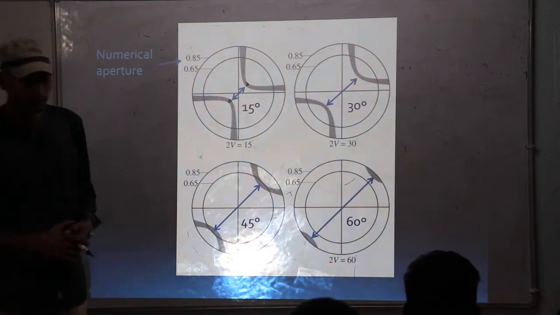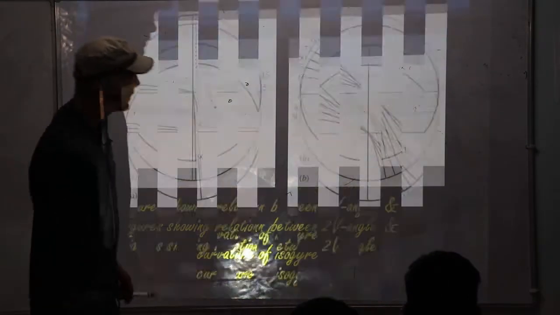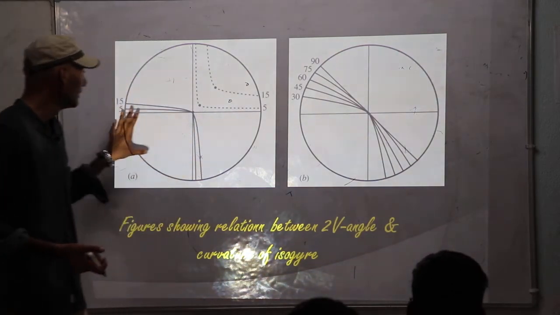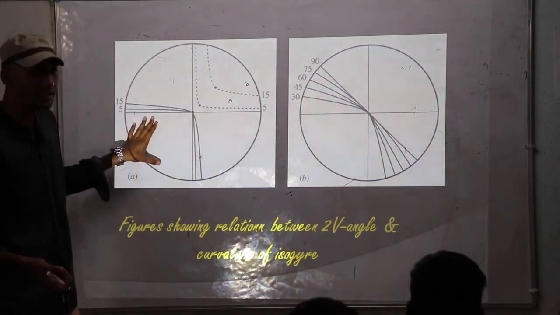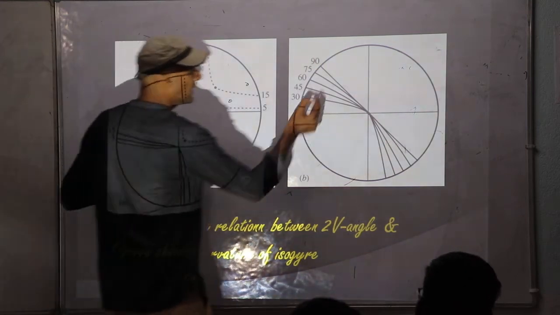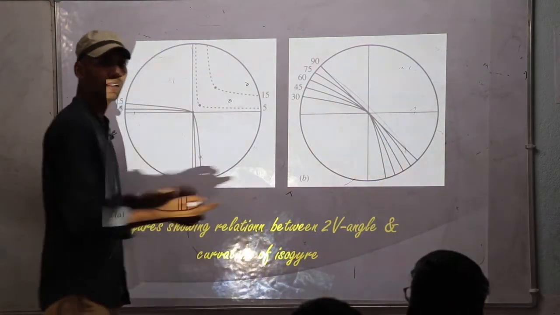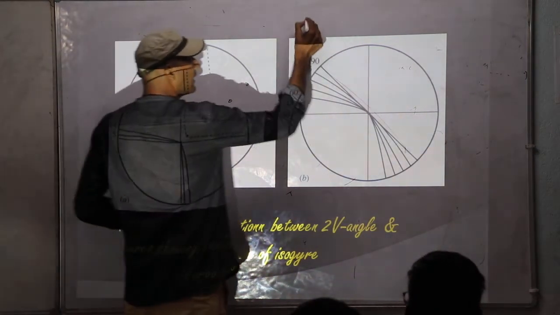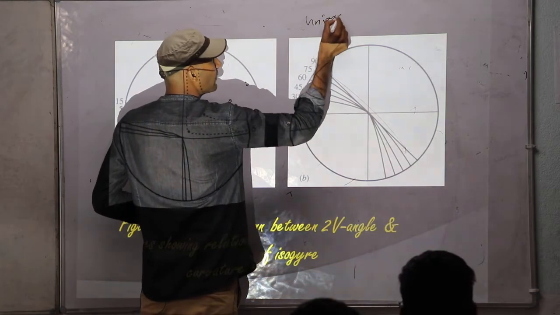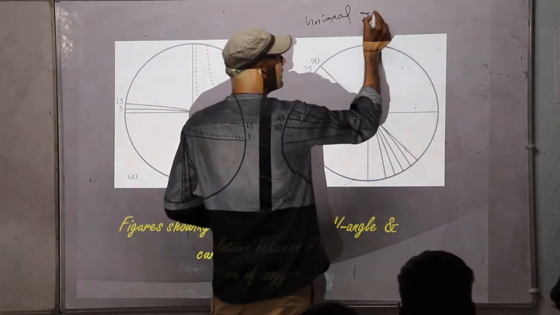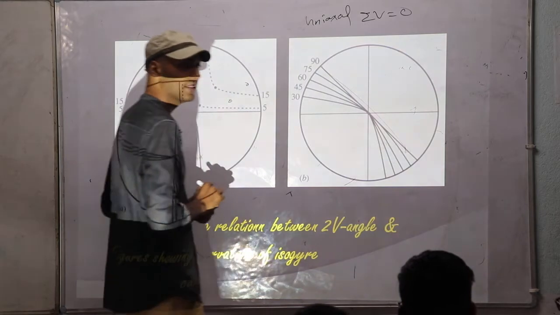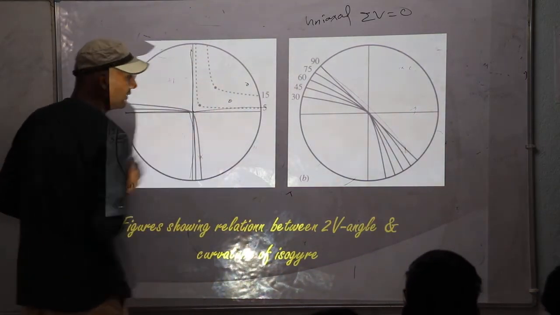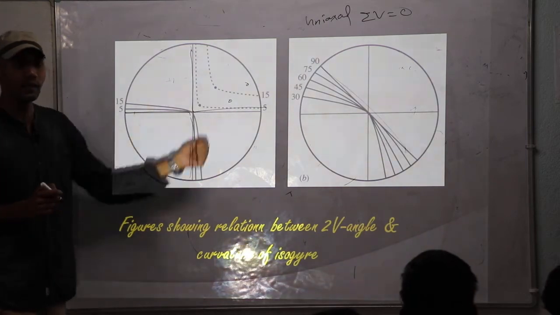45, 60, anything, right? The next concept, which I told you in the last class yesterday, is that the isogyres get straighter with an increase in 2V angle. In the uniaxial case, the 2V is 0, so the isogyres form at right angles.